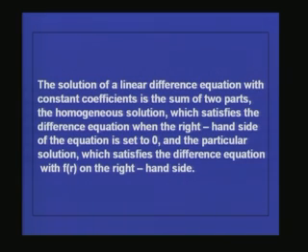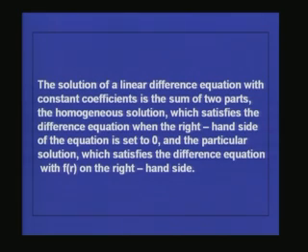The solution to the linear difference equation with constant coefficients is the sum of two parts: the homogeneous solution, which satisfies the difference equation when the right hand side is set to 0, and a particular solution which satisfies the difference equation with f(r) on the right hand side. So the solution consists of two parts: the homogeneous solution and the particular solution.